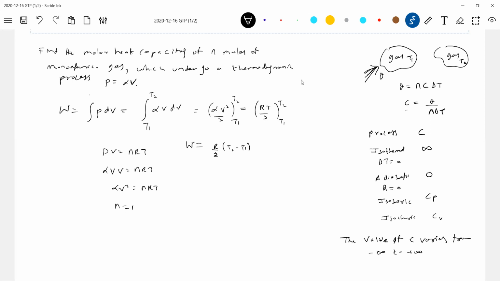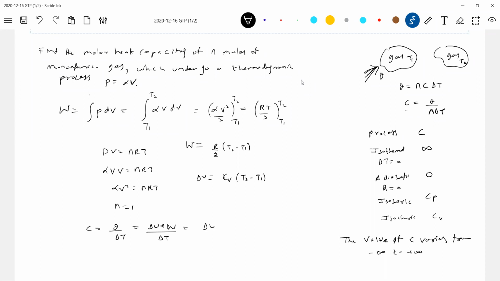We know the change in internal energy. Number of moles we took as 1, so it is CV, T2 minus T1. Okay, let's come to the definition. C is equal to Q by n delta T. Number of moles I picked up is 1. What is Q equal to in the first law of thermodynamics?